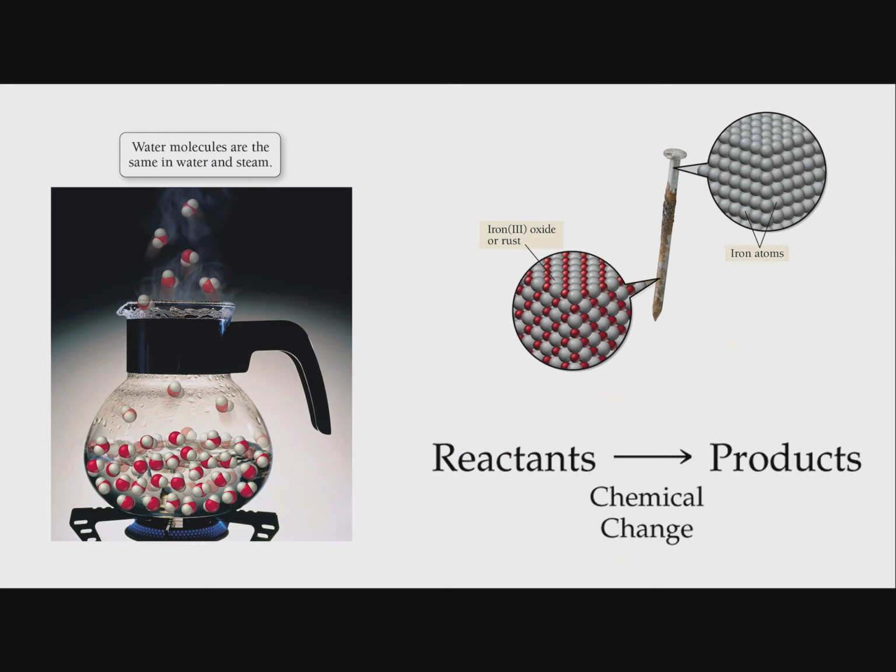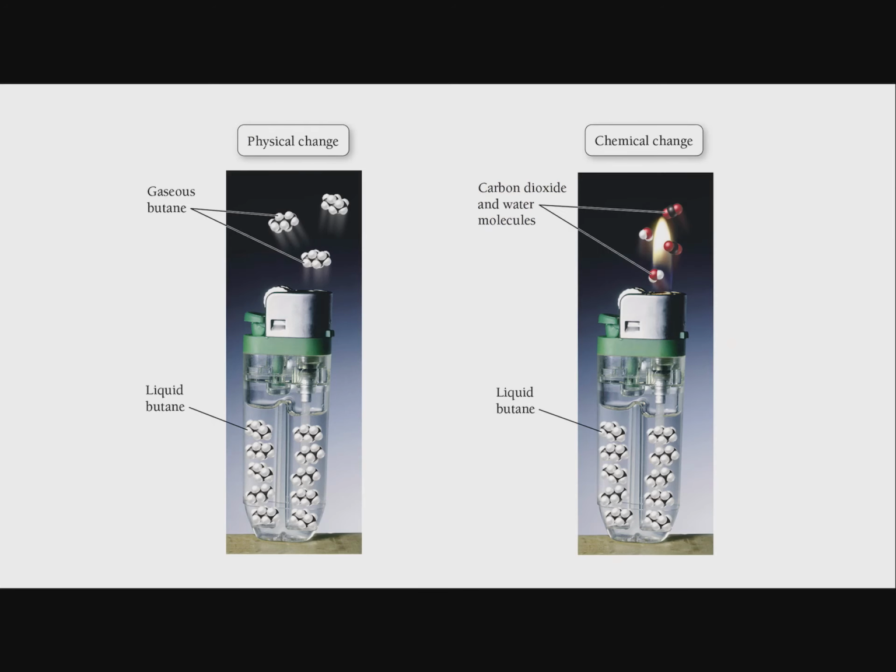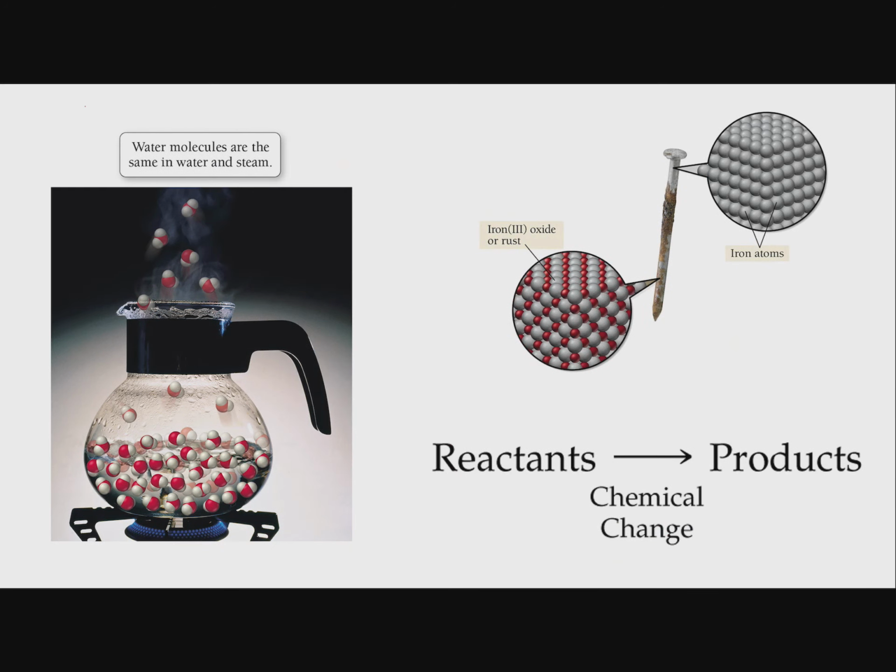So I guess I'm kind of starting with physical and chemical just kind of thrown out here, but let's just kind of define them first. So a physical property is one that the substance displays without changing its composition. A chemical property is one that a substance displays only through changing its composition.